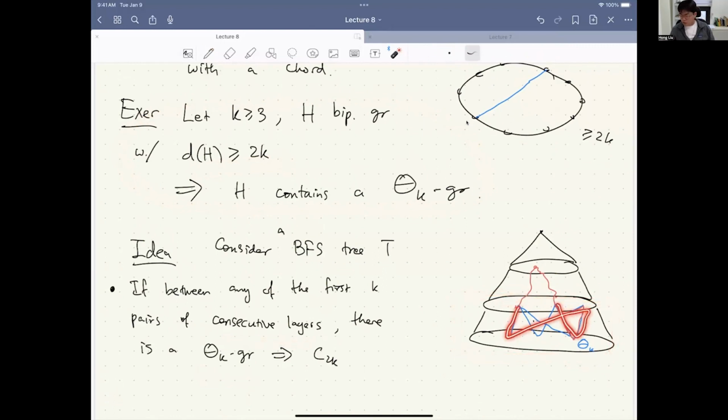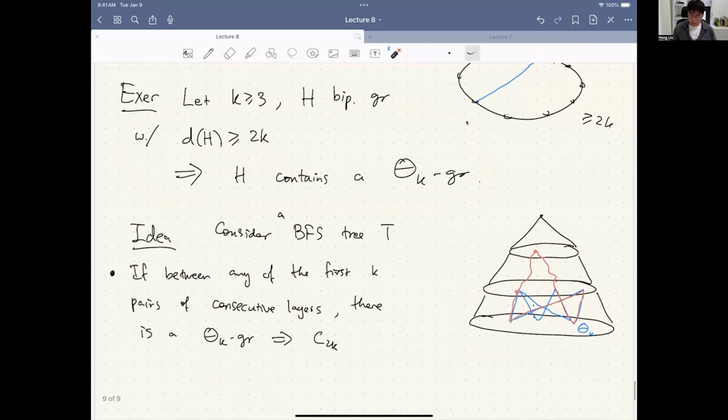Otherwise, we can use this theta graph to cleverly find the C2K. So that means between layers, there are very few edges by the exercise.